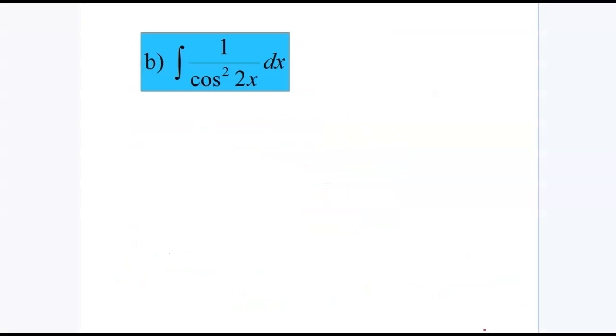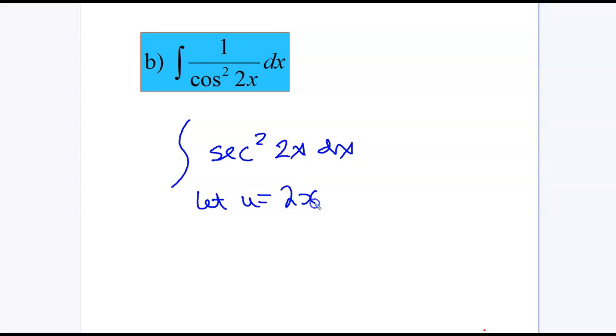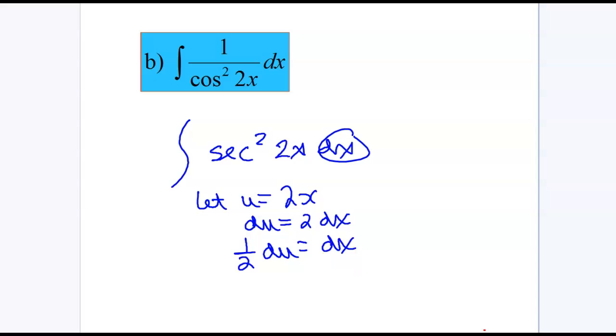Okay, if we take a look at this one here, again, if you move cos squared up to the top, you're going to get secant squared 2x, and the integral of secant squared is tangent. But again, I'm going to let u equal 2x, and du is 2 dx. I just have a dx there, so I have to divide both sides by 2 to get dx by itself.